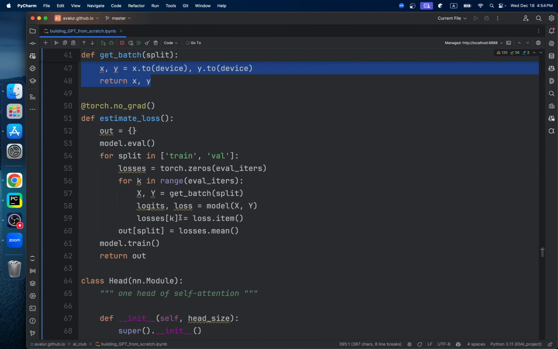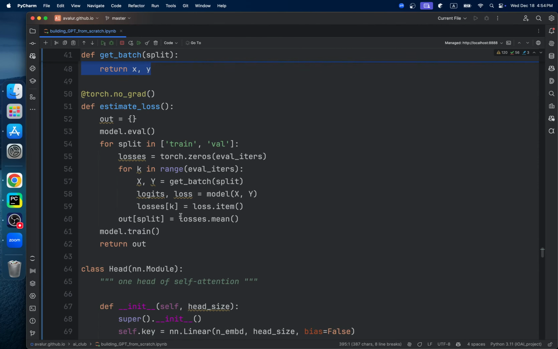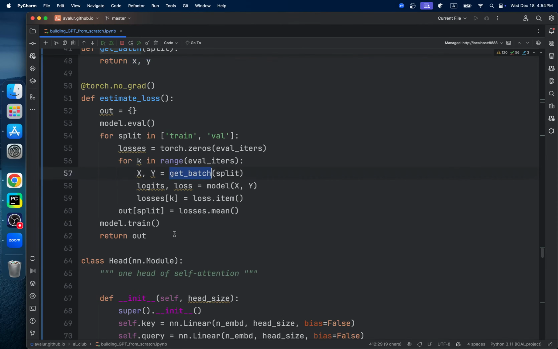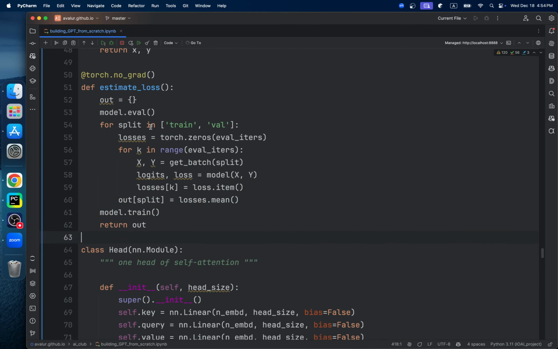So when we want to print the loss, we need to take a batch and then calculate the loss. And this is, you see, the model evaluation mode. It means that we simply use the model and don't calculate gradients here in evaluation mode.